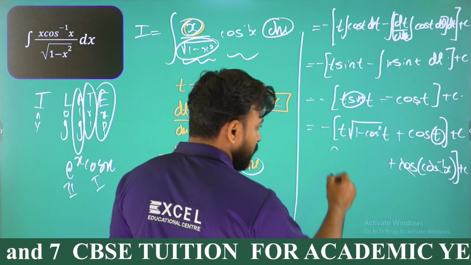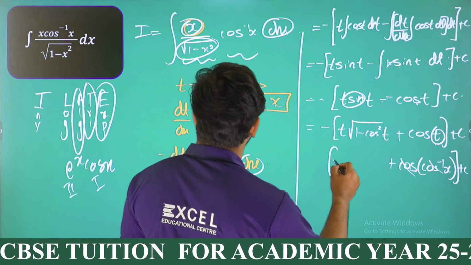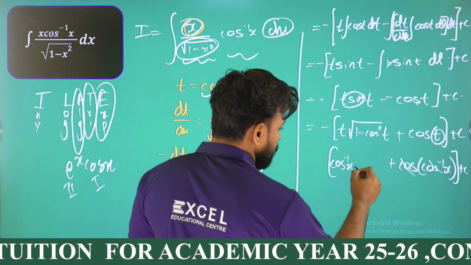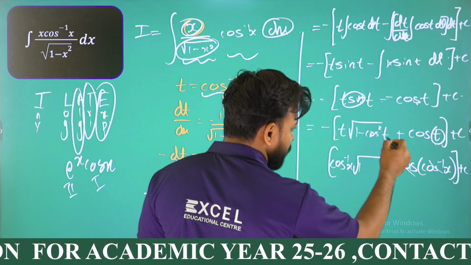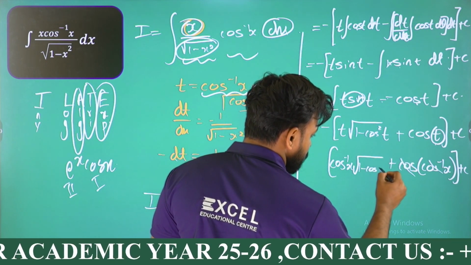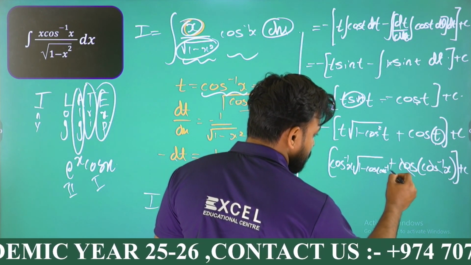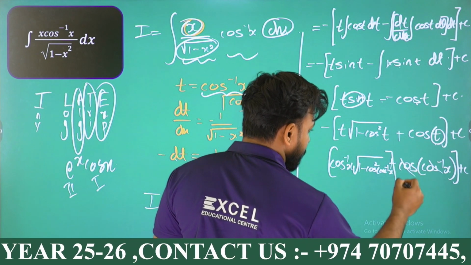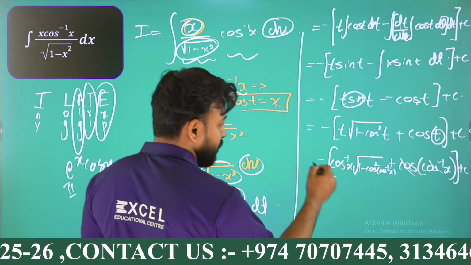So on this side also I am going to put t as cos inverse x, root of 1 minus cos of cos inverse x, whole square. Then there will be a negative outside.